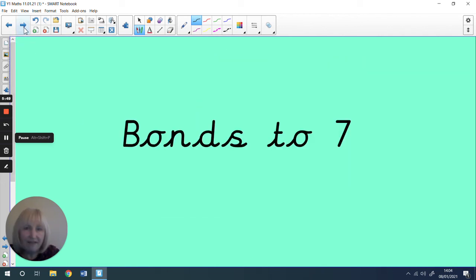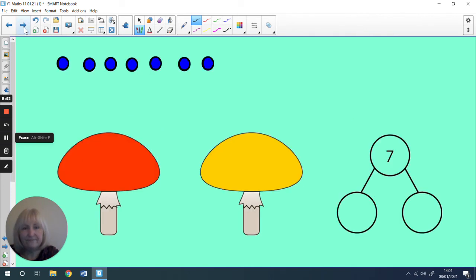Now we're going to have a little think about bonds to number 7. So this time we've got our toadstools again, and this time we've got 7, 1, 2, 3, 4, 5, 6, 7 of those spots to put on them.